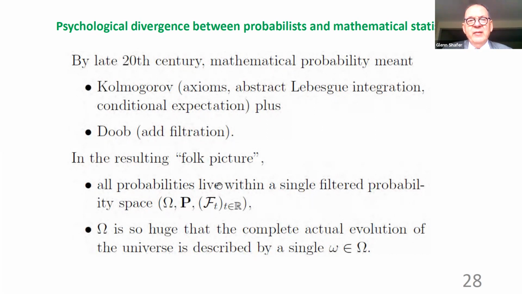This is very abstract. But in this abstract picture that the probabilists have, all probabilities are inside one huge probability space. It's so huge that it describes the entire evolution of the universe.